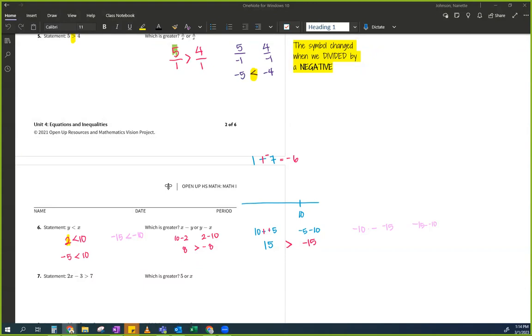Right? So here, adding the opposite would give me 5, and then adding the opposite would be negative 5. So all three of them switch.